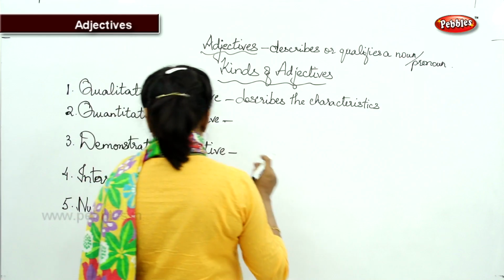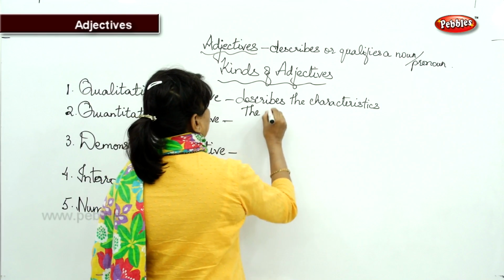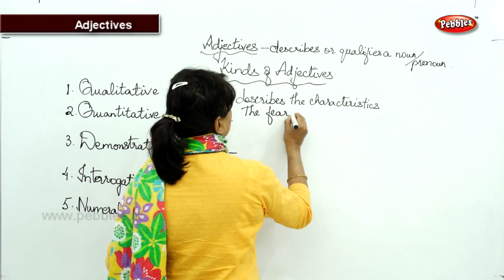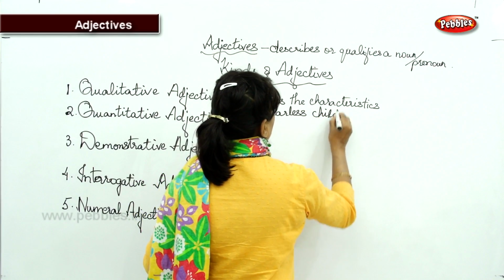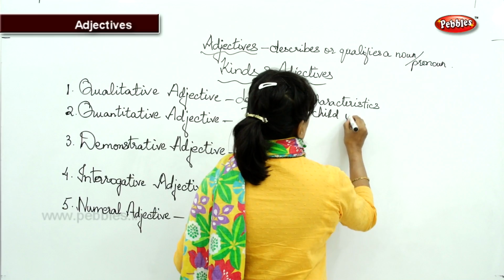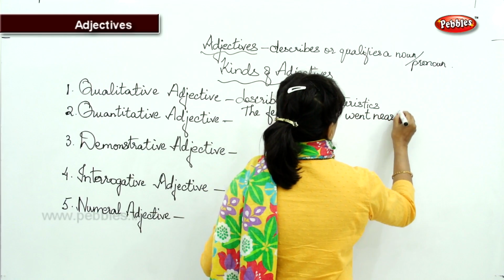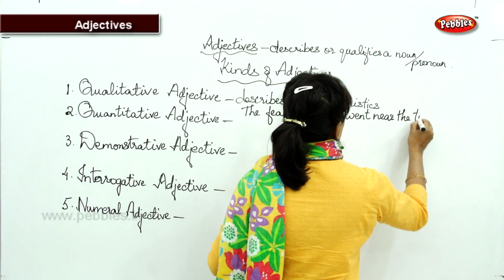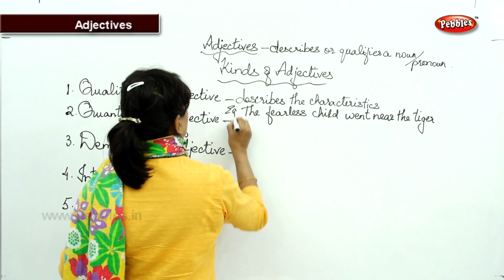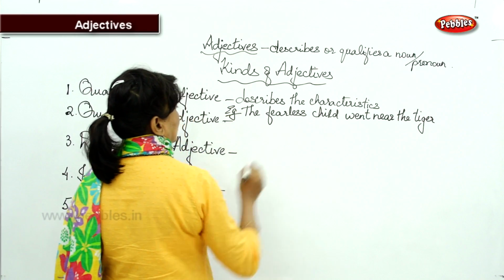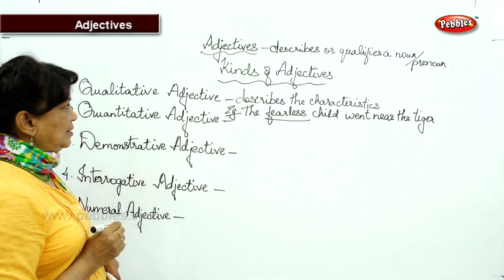Okay. So, for example, the fearless child went near the tiger. Fearless describes the child, isn't it?